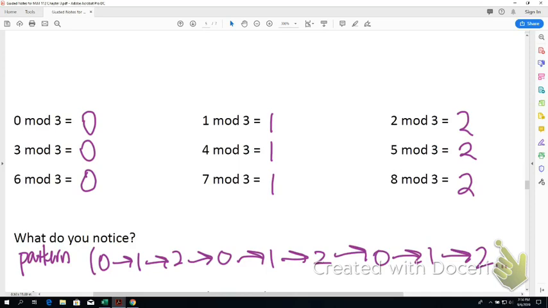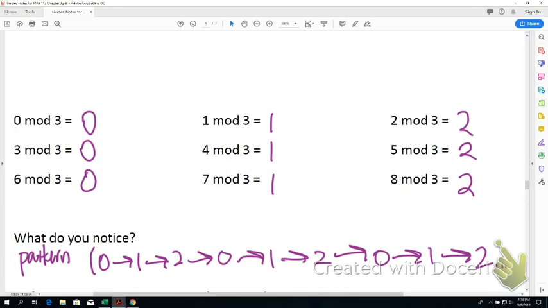So you'll notice, well, that's interesting, because if you think about it, if you divide any number by 3, the remainder either has to be 0, that 3 goes into that number, or 1, or 2. If the remainder was 3, then I didn't really divide it all the way, okay? So this is really true for anything that you do mod of a certain value.